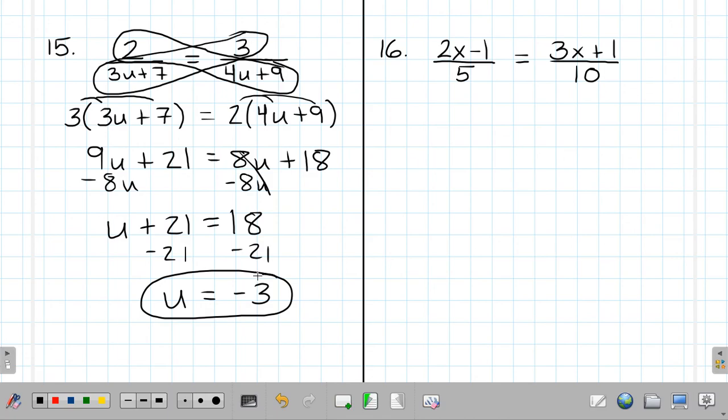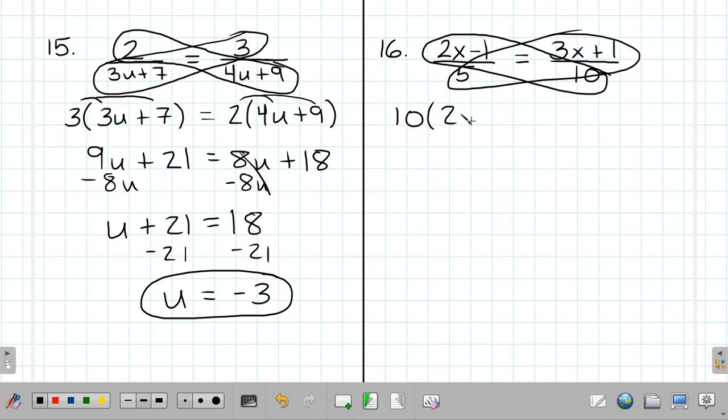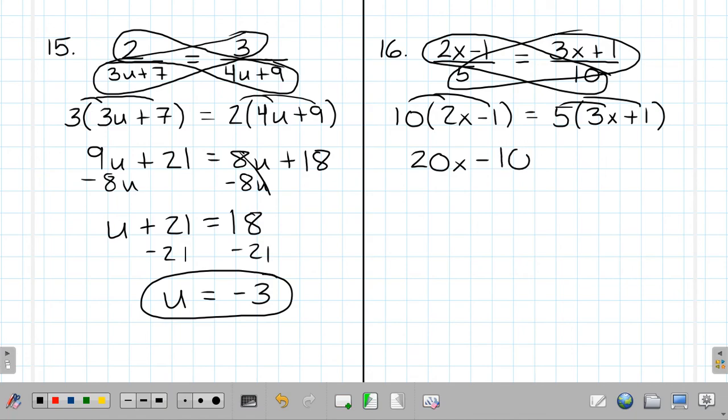And then the last one, okay? But once again, same steps. I'm going to do the 10 times 2x minus 1 first, and then the 5 times 3x plus 1 second. Same steps. We distribute. Boom, boom. 10 times 2x gives me 20x, minus 10 times 1 is 10. It's equal to 5 times 3x is 15x, plus 5 times 1 is 5.